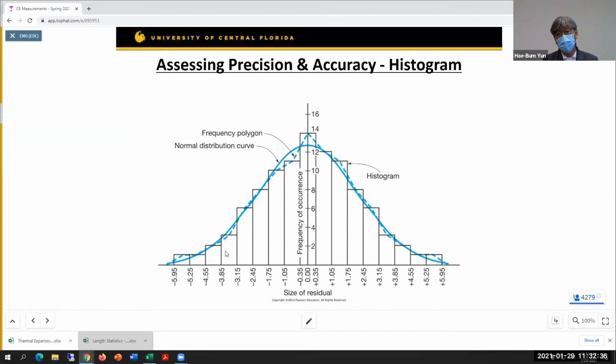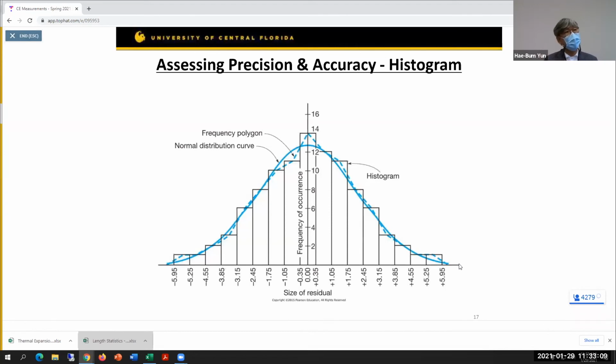Depending on how you set the number of bins, this frequency polygon could look like a normal distribution, or if you have a very small number, for example 3 bins, then you will have a difference to the normal distribution, right?